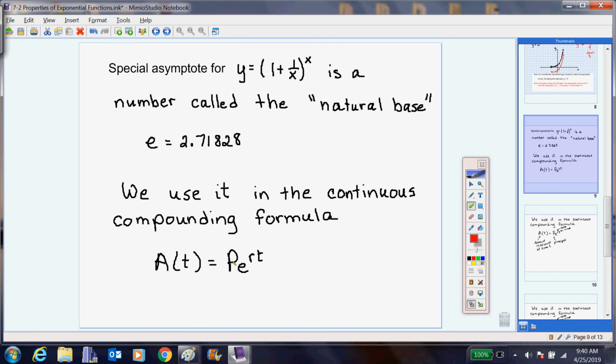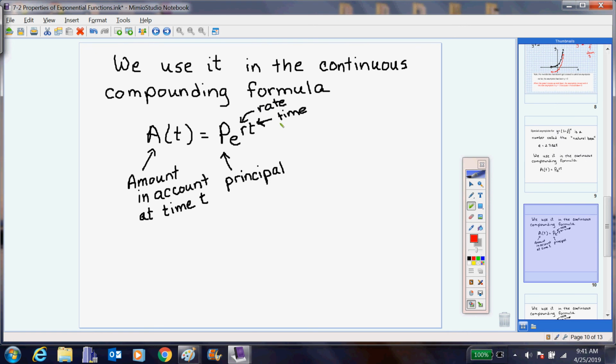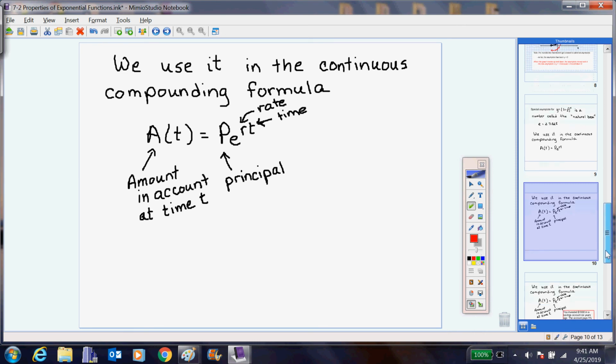This constant E, that natural base, if we apply it in this formula, A equals P times E to the RT, where R is rate, T is time, and P is principal, then you get a new value, and you get a little bit more interest if your bank is continuously compounding as opposed to incrementally compounding. So as you look into investments, you might want to consider that.